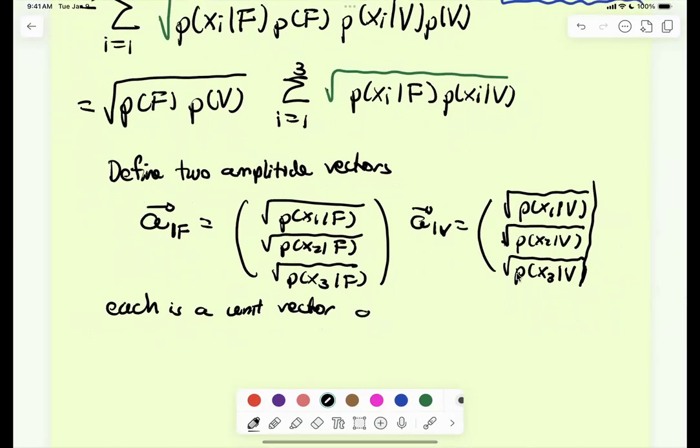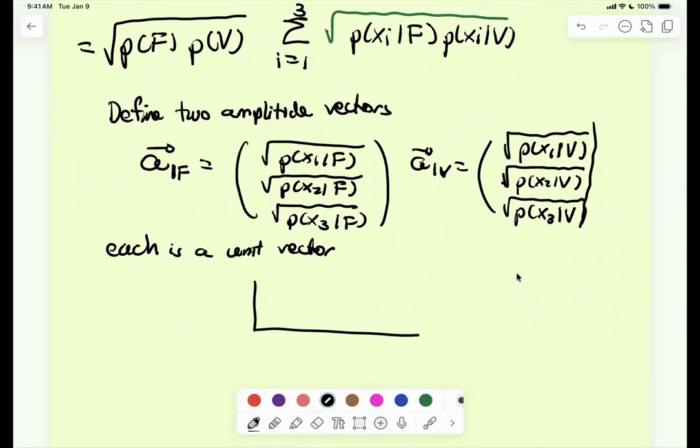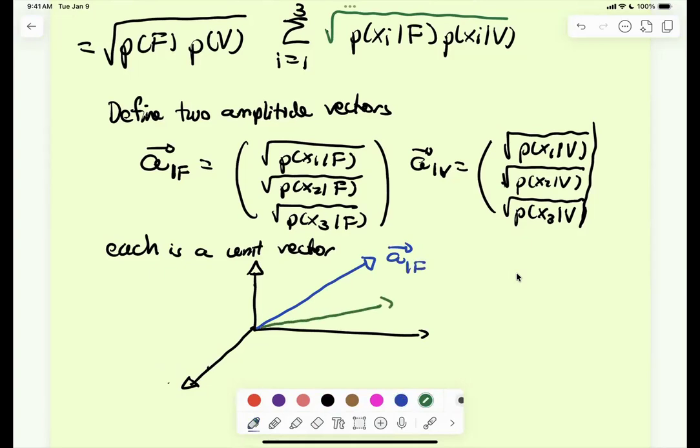So basically, if you did a picture, they are in R3, because they have three entries. I don't know what I should call this axis, so let me not call it anything. The first vector is here. The second vector is somewhere in here. They are of length 1. There's an angle theta between the vectors.